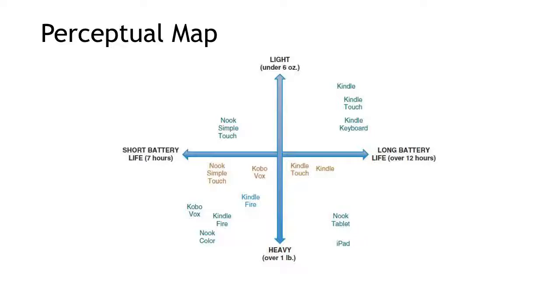So what we do is we construct these positioning or perceptual maps, so we can locate our view of our product relative to our customer's view. How do we do that? Well, we would sit down with a group of people in our company and have a conversation around where it's located on these different axes.